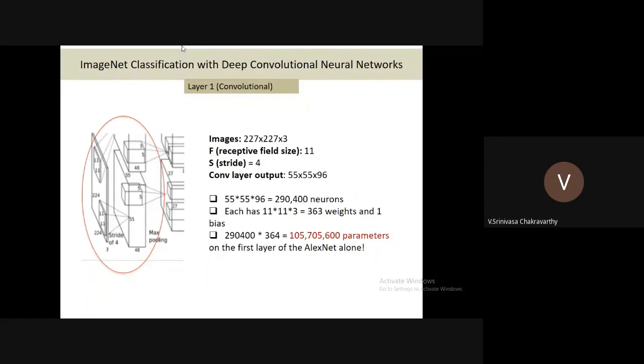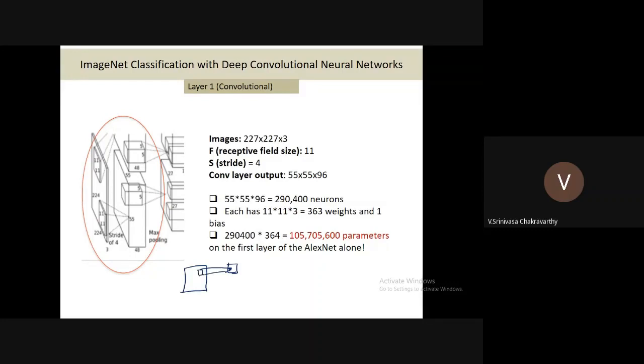Just to give an idea of how large this network is: the image size is 227 by 227, and in 3 colors, you have 3 images, RGB. Now, from the image, if you go to the first hidden layer, every neuron is connected to only a window of pixels in the input image.